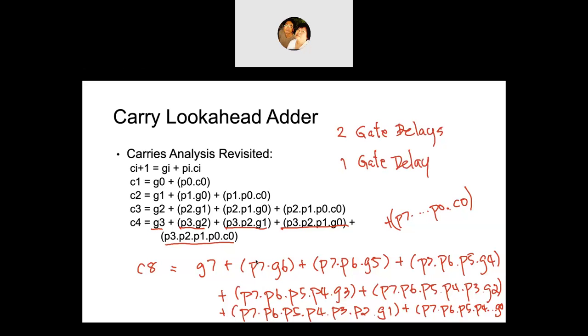And how about the P terms? Also one gate delay. So how much in total? 4. Any other answer?